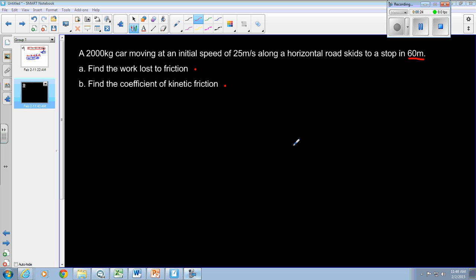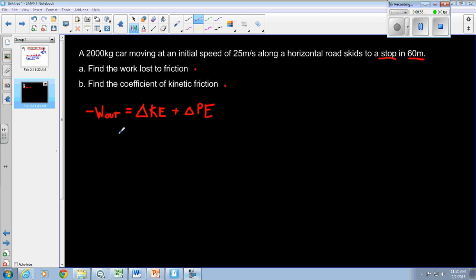So the first thing we need to realize is that we've got some amount of initial kinetic energy, and it's going to skid to a stop, so the kinetic energy is going to eventually drop down to 0. Because we have loss of work, we're going to use the energy equation with work factored in.